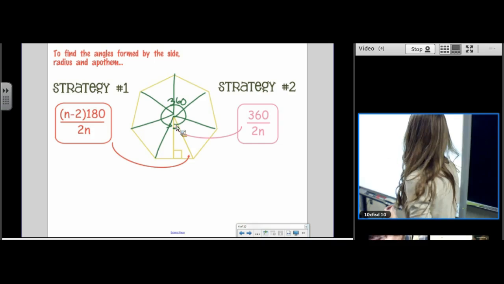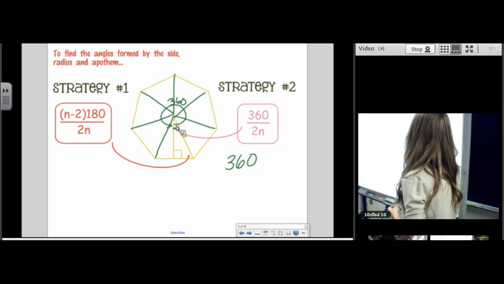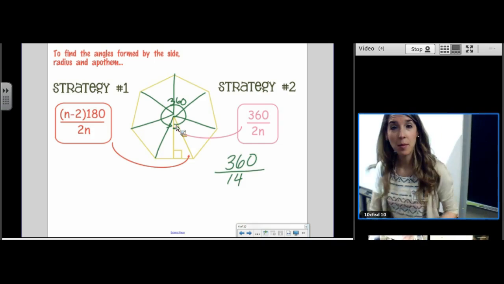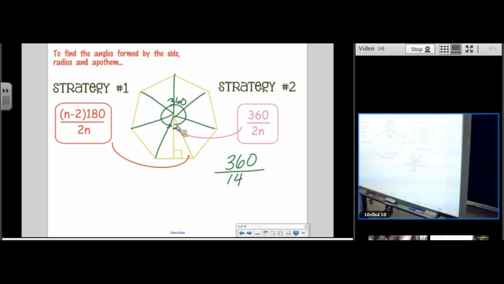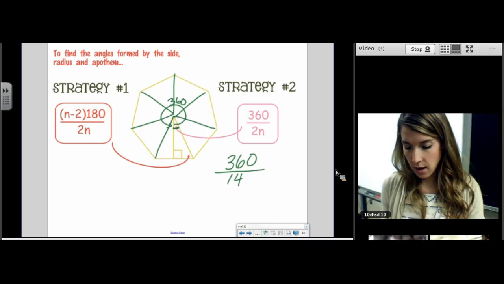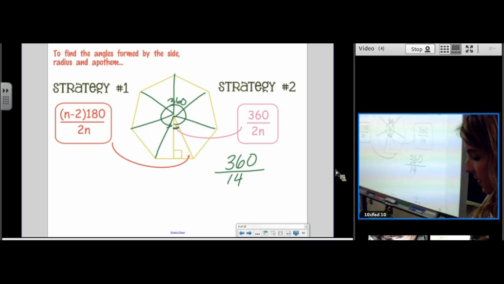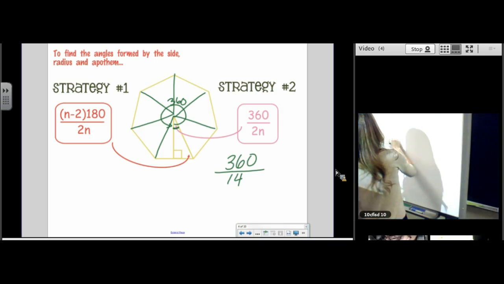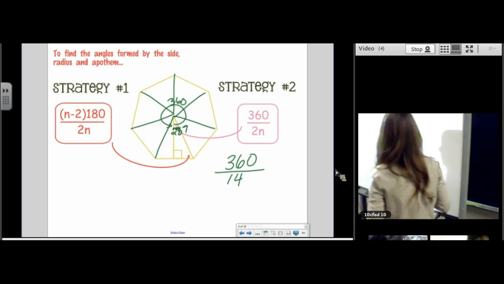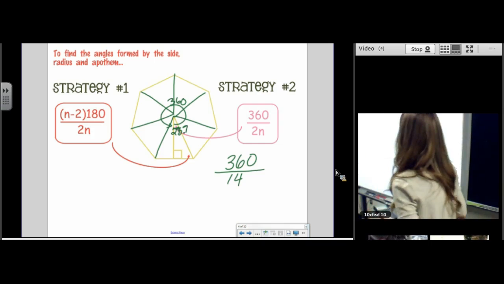So I could literally just take 360 and divide it by the number of sides doubled, and that would give me that angle up top instead of the angle at the bottom. So 360 divided by 14, 25.7. So this angle is 25.7. That's messy, but you get the idea.